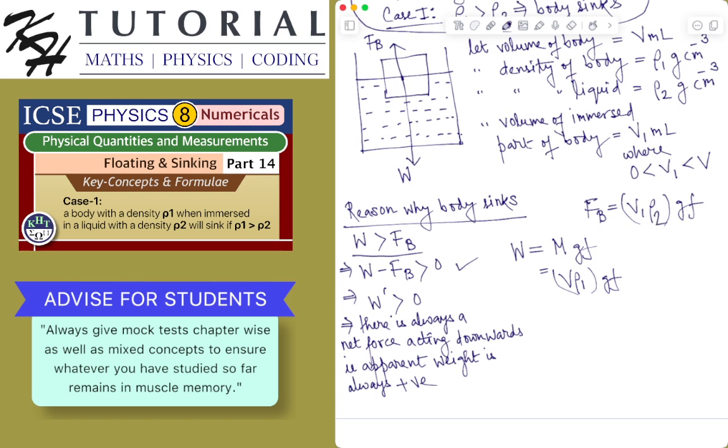Okay. Now let's compare W and FB. Let's do one thing. Let's take the division and find W by FB. W by FB is coming out to be V rho 1 divided by V1 rho 2.